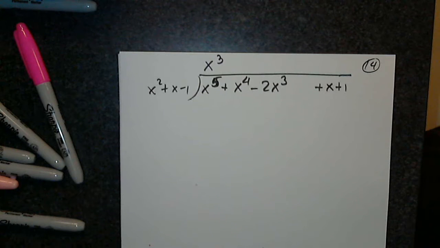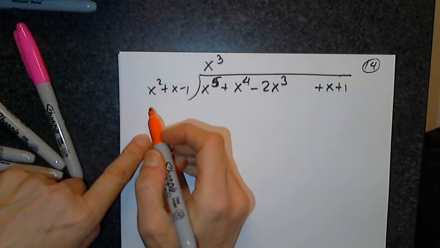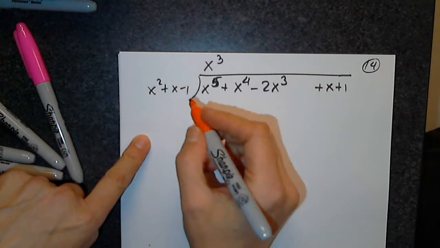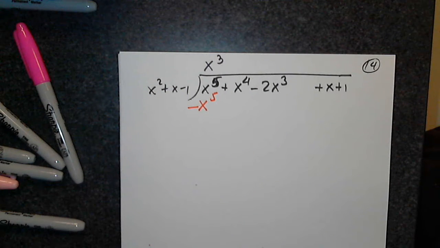Remember what I said a second ago? I go back and distribute. X to the 3rd times x to the 2nd power is x to the 5th, but I have to change the sign. Negative x to the 5th, and I have to write under like term.